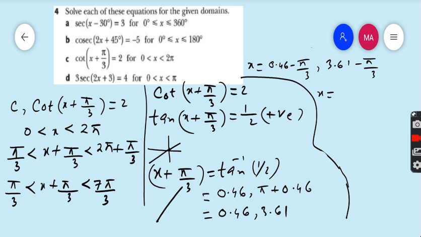Yes. So 0.46 minus pi by 3 is minus 0.587, and 3.61 minus pi by 3 is 2.56.